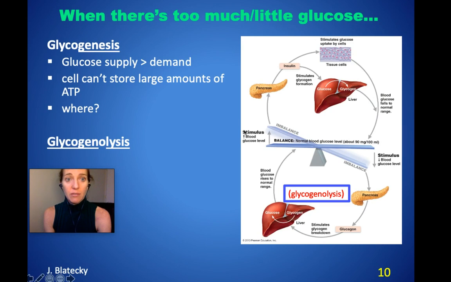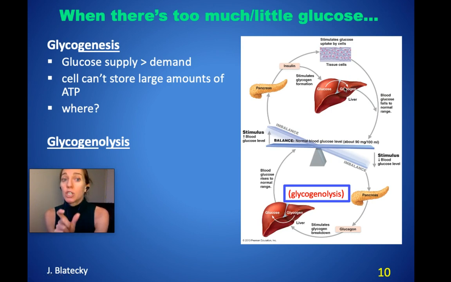When blood glucose levels have risen, the cells can only store so much ATP, and we know that we don't waste glucose. Glucose is so critical for the function of the central nervous system that when we have too much of it, we don't excrete it in our urine. Our kidneys don't process that out. Instead, we store it in the form of glycogen, again, in the liver and skeletal muscle, the primary places.